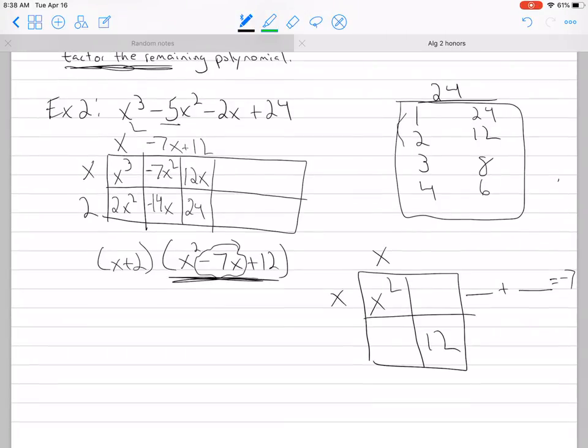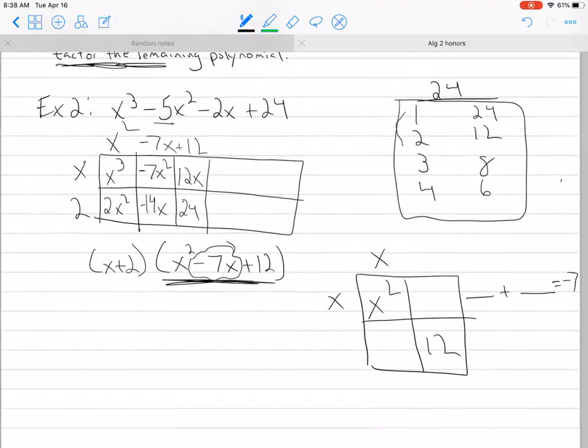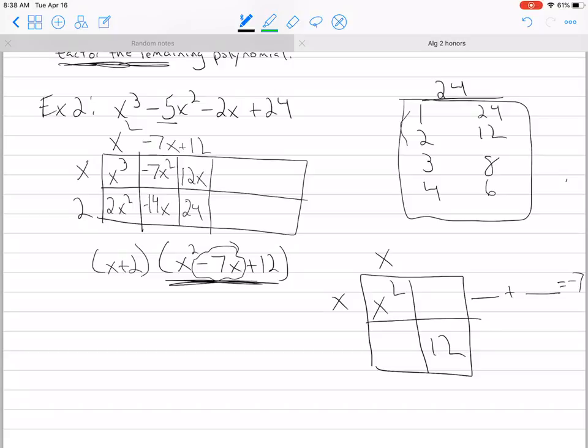I guess I can make this bigger. Blank plus blank is negative 7, and blank times blank is going to equal 12.